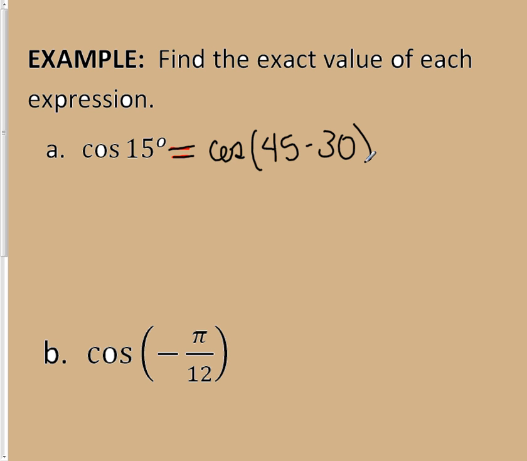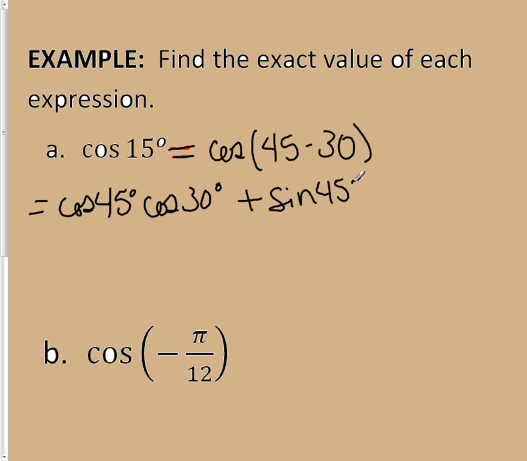Now, use the difference of cosines, this becomes the cosine of 45 degrees, the cosine of 30 degrees, plus the sine of 45 degrees, the sine of 30 degrees.